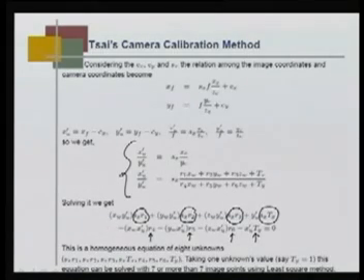I already know xu dash, yu dash, because xf is known and cx and cy are given, and xw, yw, zw are all given.